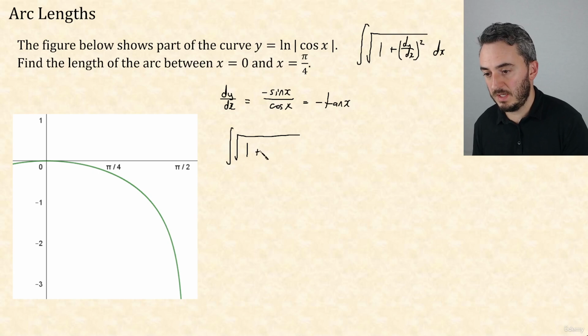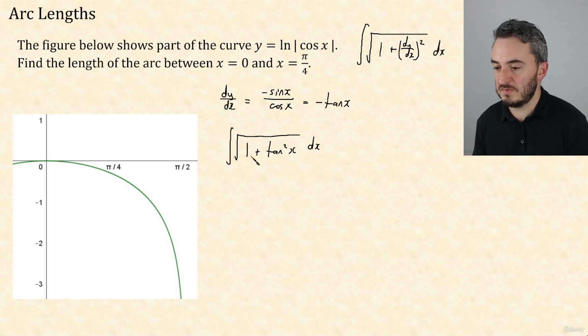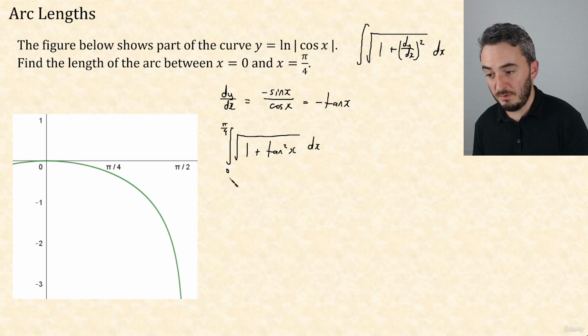So that's 1 plus tan squared x. Okay, that looks like good news. Why is that good news? Because 1 plus tan squared x is sec squared x, and the square root of sec squared x is sec x. So this is the integral of sec x.